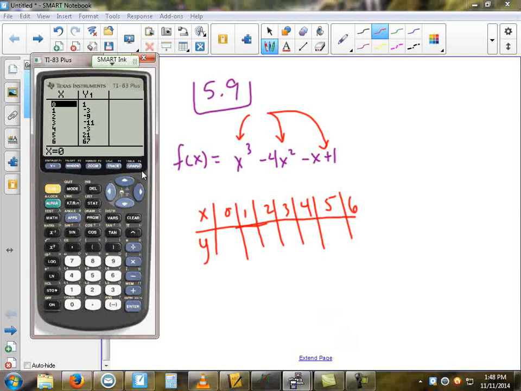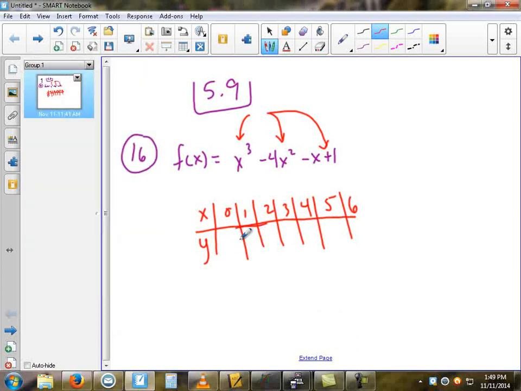It's 1, negative 3, negative 9. Negative 3. Whoops, I'm having a problem. Excuse my hand while I fix this mistake. Negative 3, we said it was negative 9.